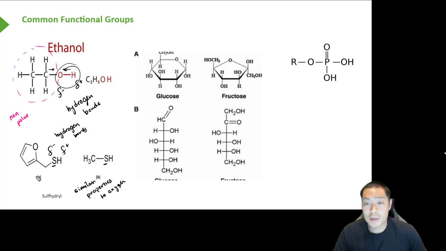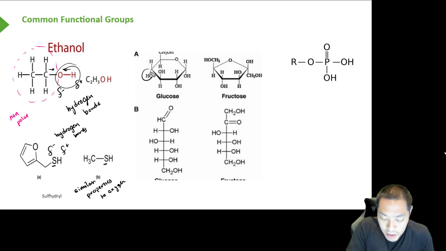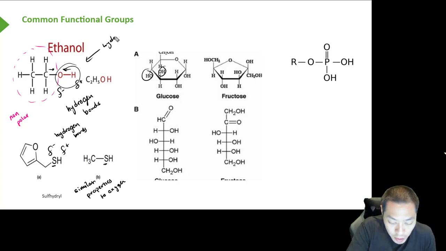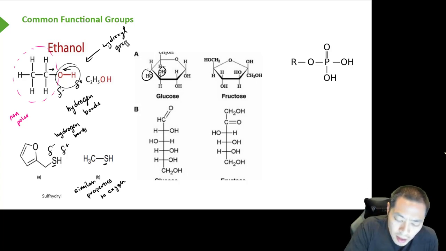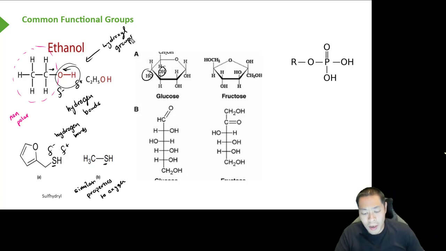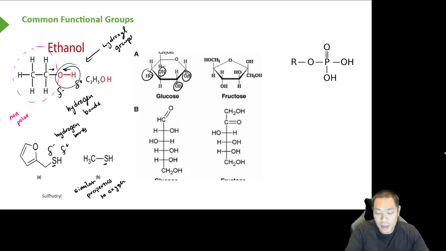When you look at something like glucose and fructose, you'll notice there are a lot of hydroxyl groups. These are alcohols, but you could also call them hydroxyl groups, and I'll kind of intertwine between them. So you'll see a lot of hydroxyl groups right here.